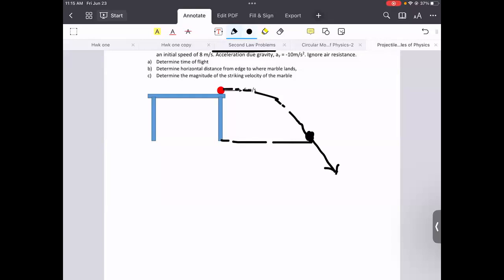Now, this striking velocity is V. It is composed of two velocities, one in the horizontal direction and another in the vertical direction. We call them Vx and Vy. If I know Vx and Vy, I can use the Pythagorean theorem to find V, because V squared will be Vx squared plus Vy squared.